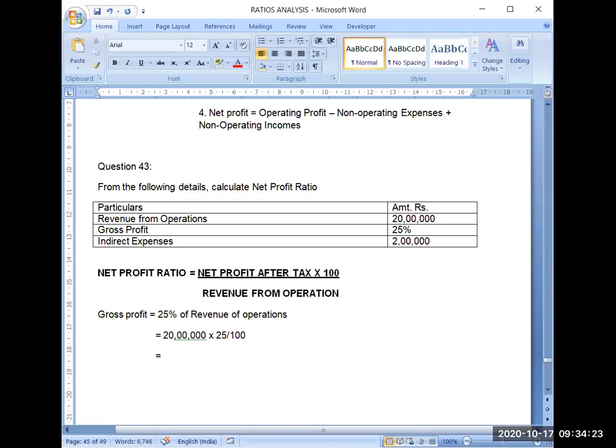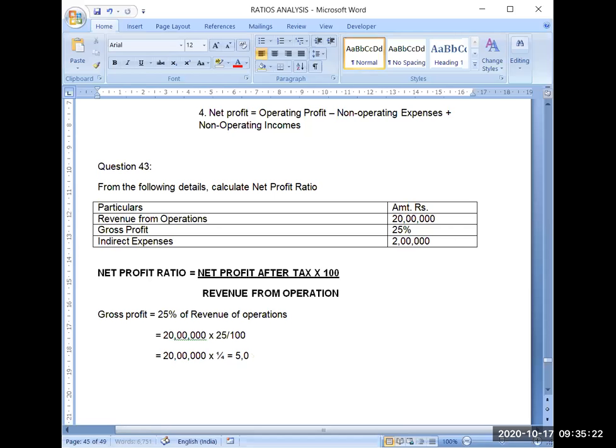So 20 lakh into 1/4 will become simply 5 lakh.